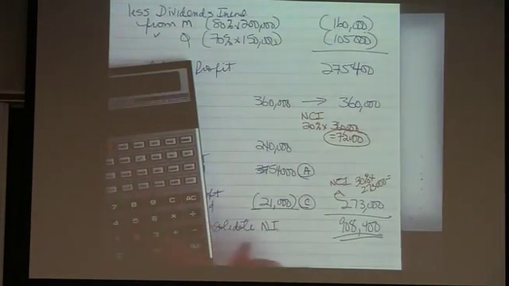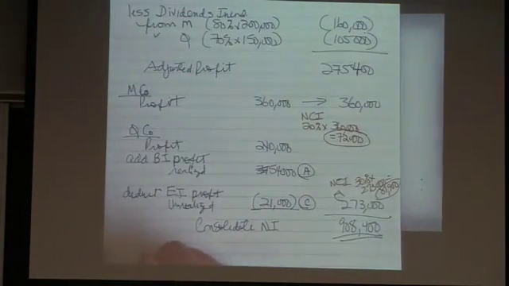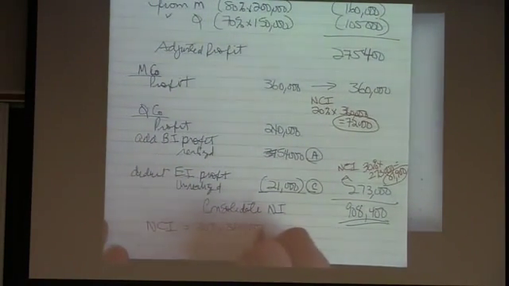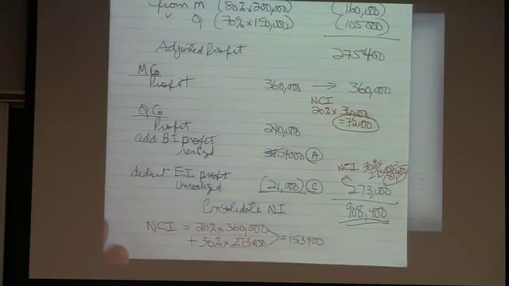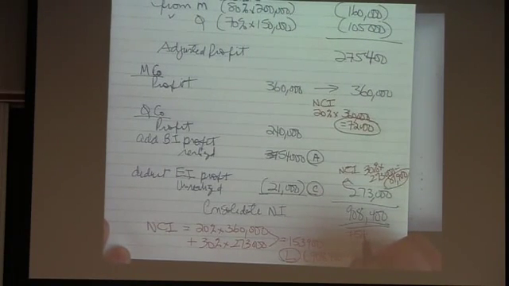So 273 times 0.3 gives me 81,900. So NCI equals 20% of 360 plus 30% of 273 gives me 153,900. Then L portion is the difference between 908,400 less 153,900 equals 754,500.